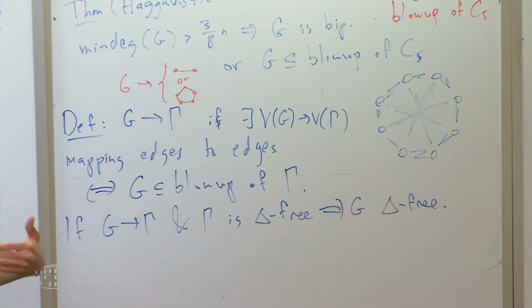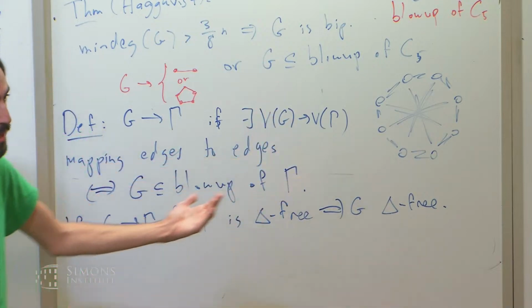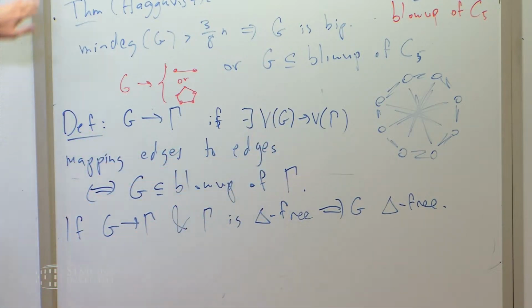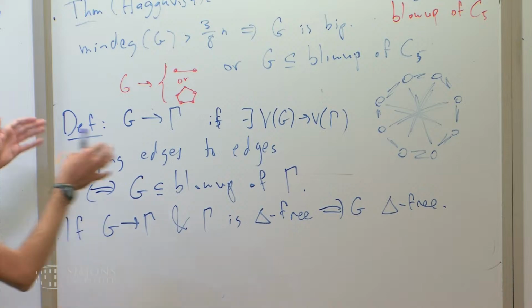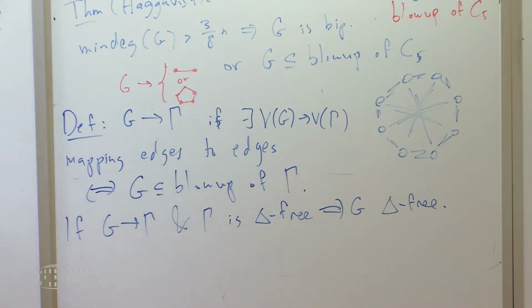If I pass to a subgraph, I still will not have any triangles. And because of this, I view both of these theorems as instances of this, where the reason why these graphs are triangle free is explained by these constant size graphs, like an edge or a pentagon, and so on. Everyone OK with this?